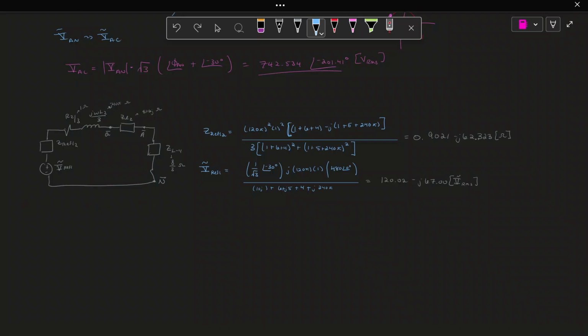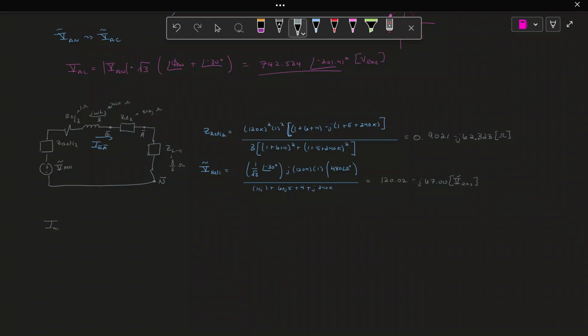Okay, so now what we need to do is the exact same thing we did above. We are going to find the current now through this loop. So we need to find IAA. How do we find the current through, though? Well, remember, we need to do voltage over resistance or impedance.